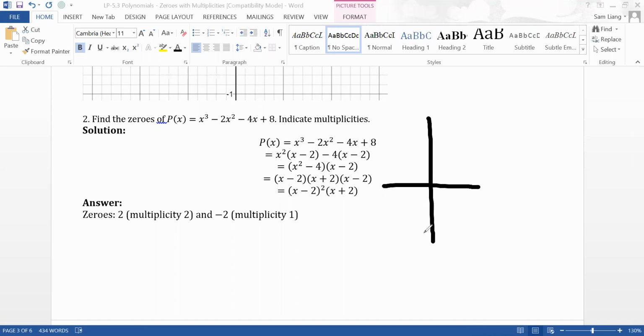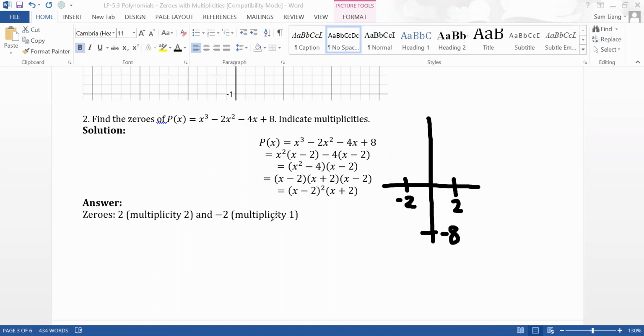The y-intercept was negative 8, so I would draw that in. I know this is not in the question, but just as an example, and then 2 and negative 2. These are the zeros.